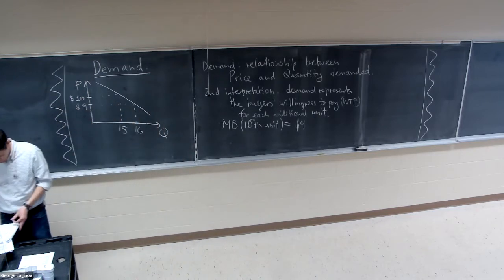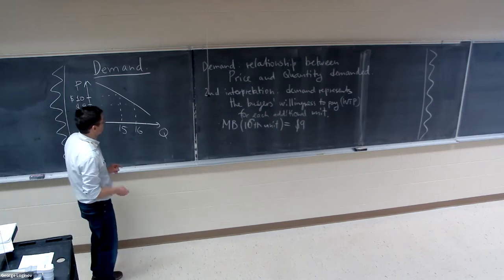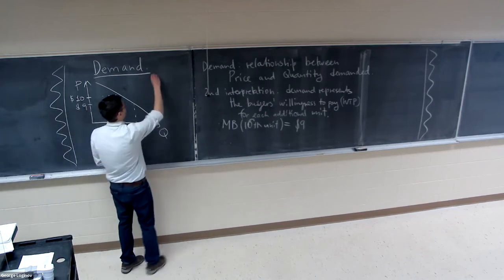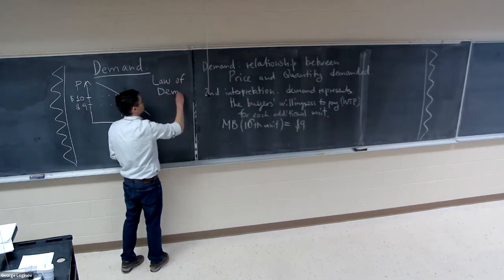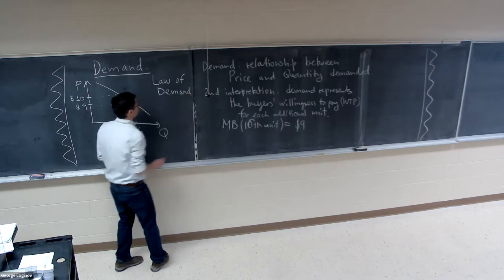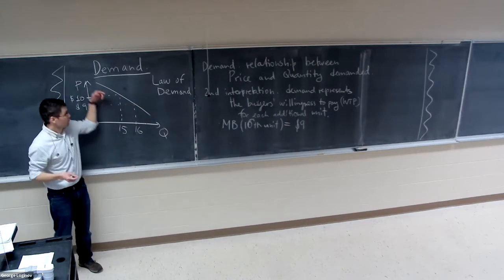And so we have this thing, which is called the law of demand. I'm going to write it down here. The law of demand simply says that this relationship has to be negative. Your demand picture must always be a downward sloping curve.